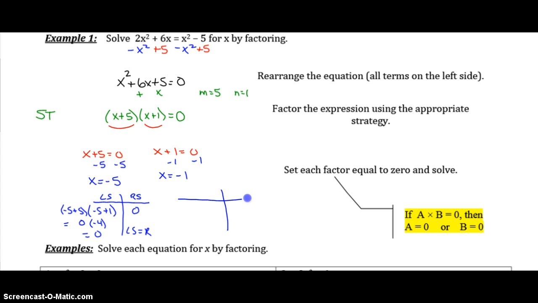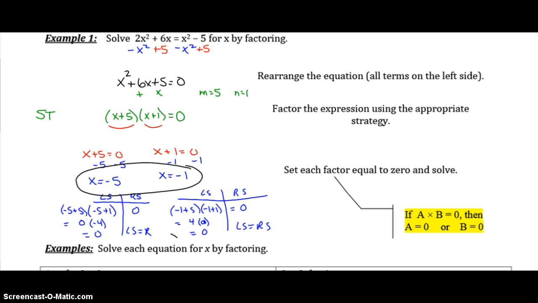For the negative 1, you have negative 1 plus 5 times negative 1 plus 1, which is 4 times 0, which is 0. Right side is 0. Left side equals right side. So that means that both of these are solutions to the equation.